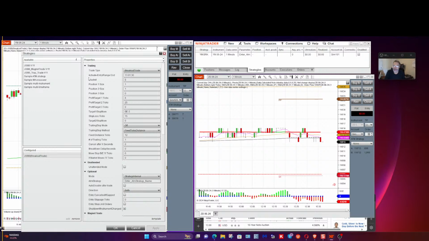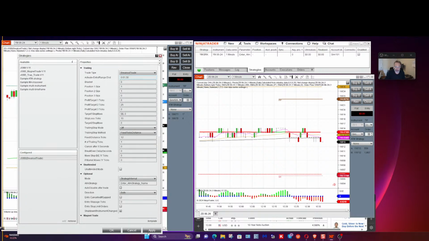What time are you triggering this event? 1301.30. What's the bracket? I'm going to try for 8. And then the stop is 15. Whether or not you like to use the target 1 stop move is up to you. Break even minus 1, 2, 3. You can trail. It's really up to you how you'd like to manage the stop.